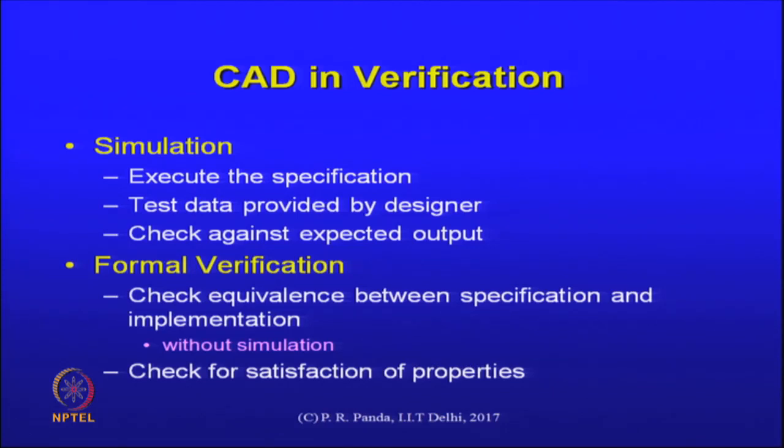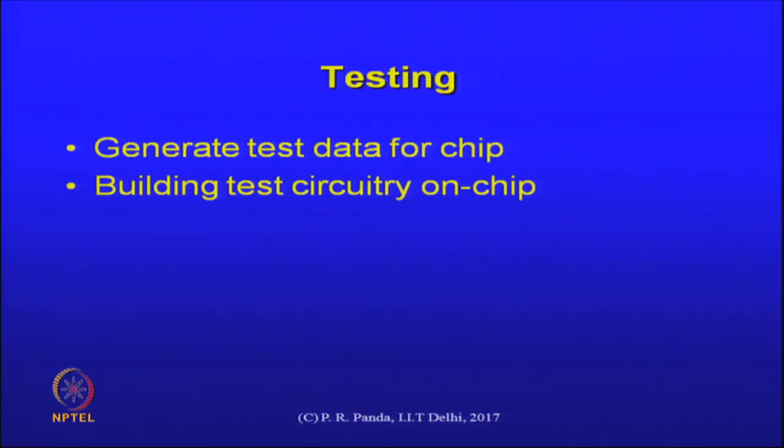You could look at that FSM, if it is simple enough, and analyze all those conditions that are specified on the transitions, and verify theoretically by just looking at your specification that a certain state is unreachable. That is an example of a property satisfaction that we are looking for. So that is another kind of verification that is involved here. These are examples of design automation in the verification space.